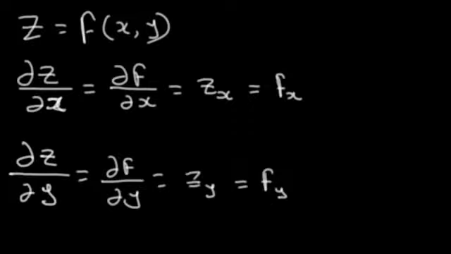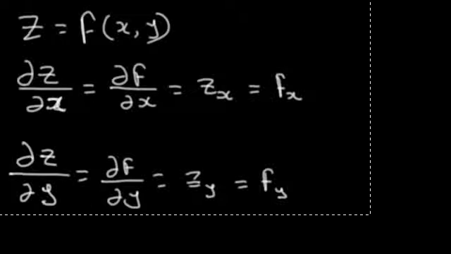Now, how do we differentiate z with respect to x or y? Let's look into that. Well, for you to understand this properly, it will be better if we consider some examples. Consider z to be equal to 3x cubed y squared.